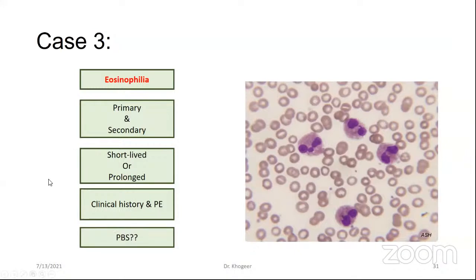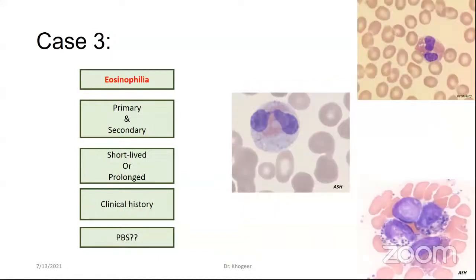The peripheral blood smear has limited utility to distinguish between reactive and neoplastic causes of eosinophilia. Some mild dysplastic features, including hypogranularity, hypersegmentation with more than 3 lobes, and vacuolated cytoplasm, can also be seen in reactive conditions.